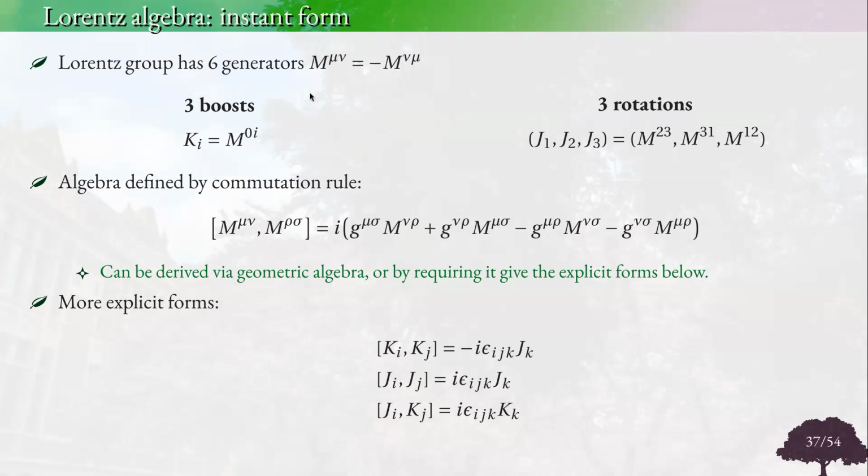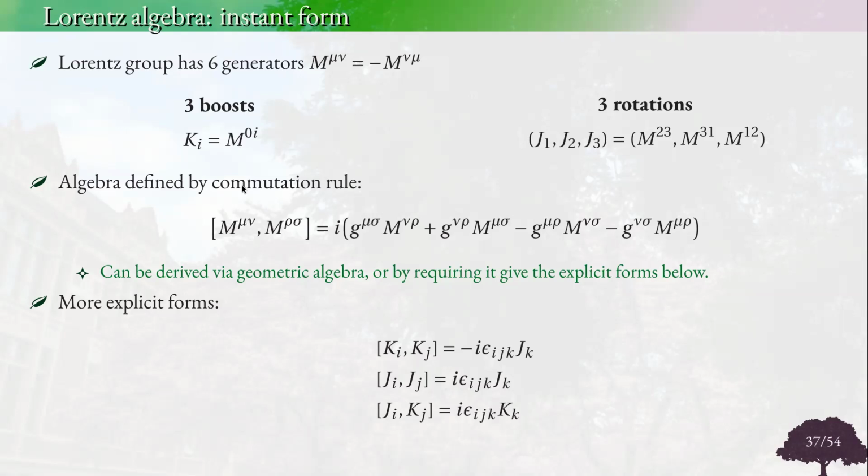We often write the generators in a covariant form using Greek indices, M mu nu. The generators are anti-symmetric, so M mu nu equals minus M nu mu. Of course the diagonal ones are 0, so you're left with only 6 independent generators: boosts in your 3 directions, rotations around your 3 axes.